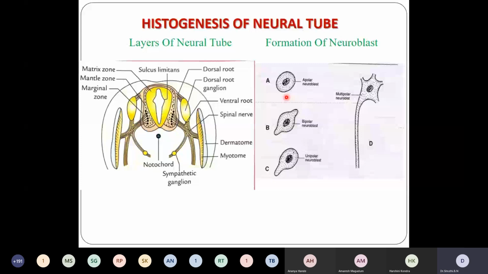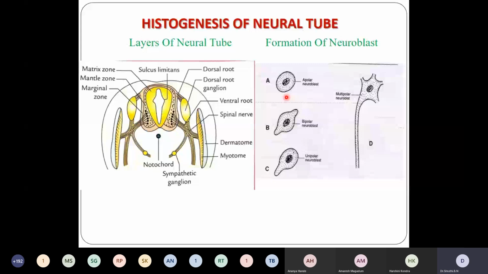As we discuss the different sections of the nervous system in histology also, we will ask this: tell me about the development of oligodendrocyte and the astrocyte. You should say oligodendrocyte and the astrocytes are derived from the spongioblast, or the supporting cells of the mantle zone, whereas the microglial cells are from the mesenchymal tissue.